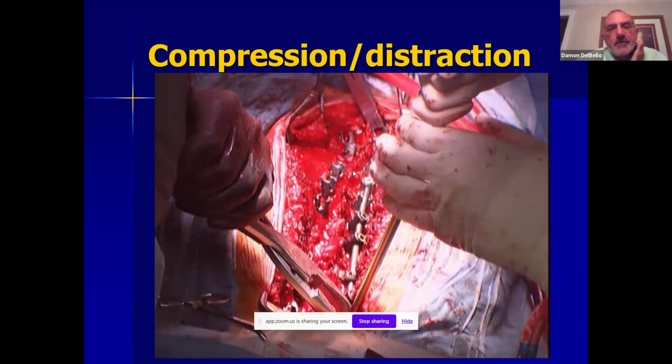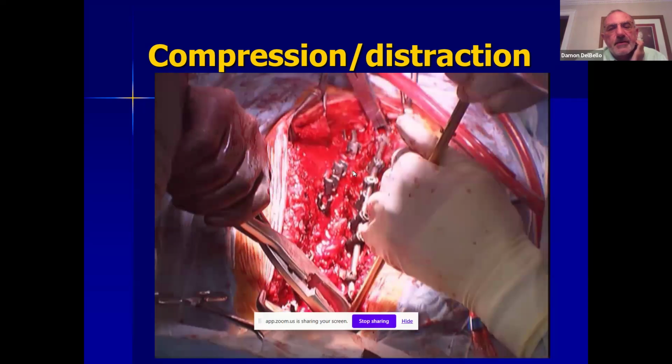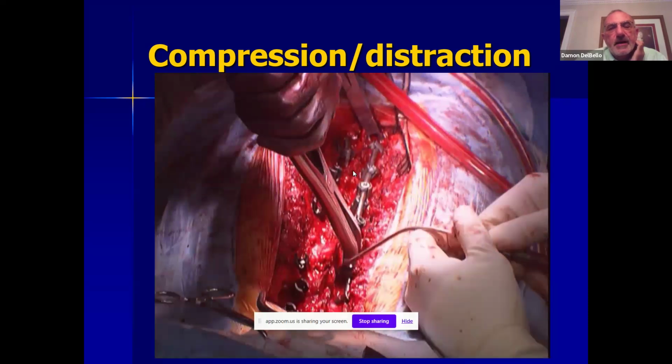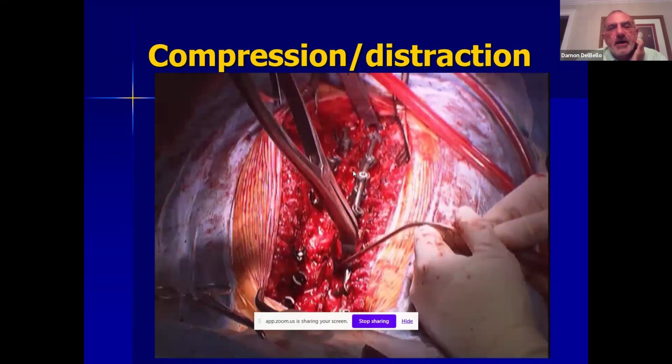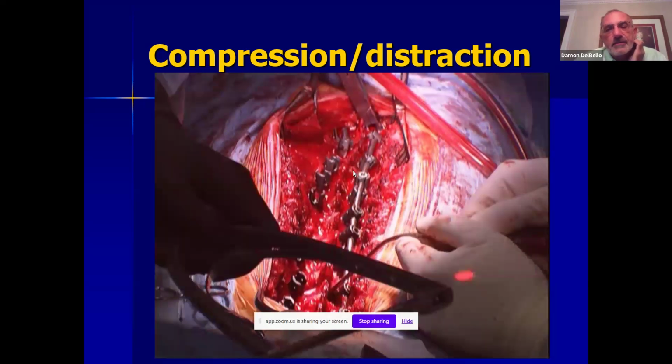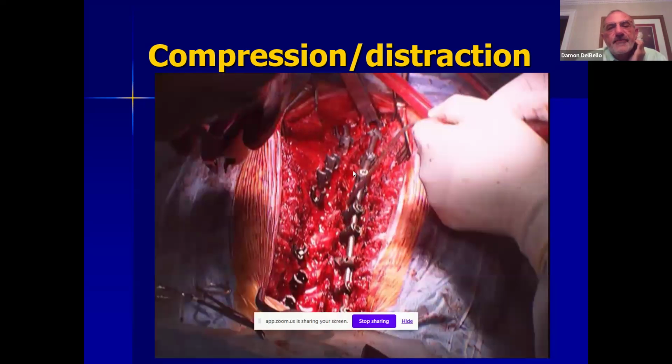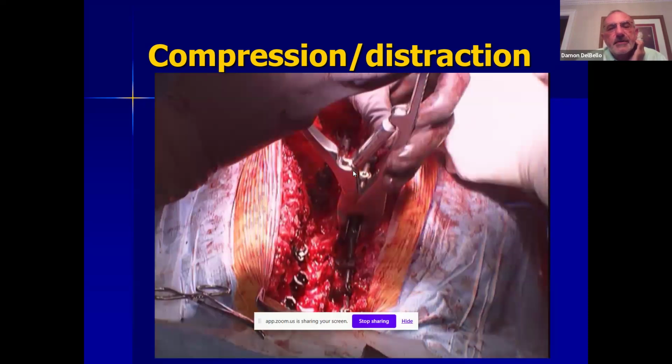So I want to compress that lumbar spine. That'll lordose it and reduce the scoliosis. Whereas at the concavity in the thoracic spine, I want to distract. Distracting will reduce the scoliosis and will kyphose the spine, which is what we want in the thoracic spine.